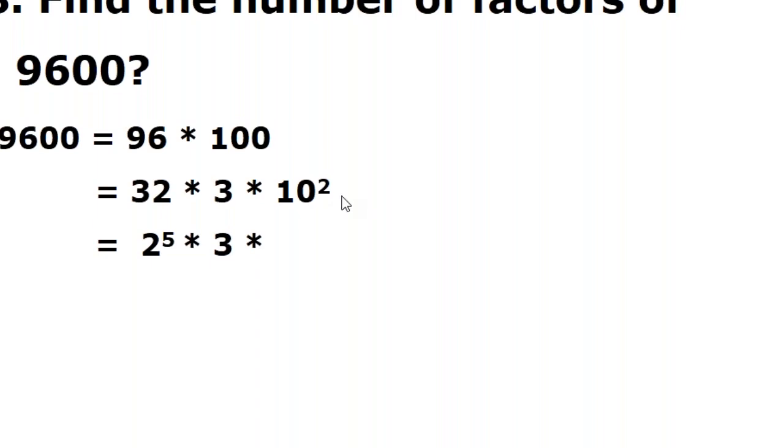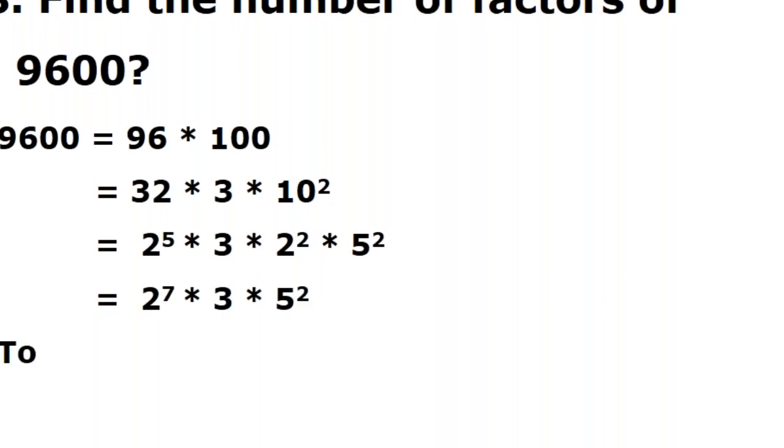So 32 means 2 power 5, into 3 power 1, into 10 square, which means 2 into 5 whole square, so 2 square into 5 square. This 2 power 5 into 2 power 2 is 2 power 7, into 3 power 1, into 5 power 2.